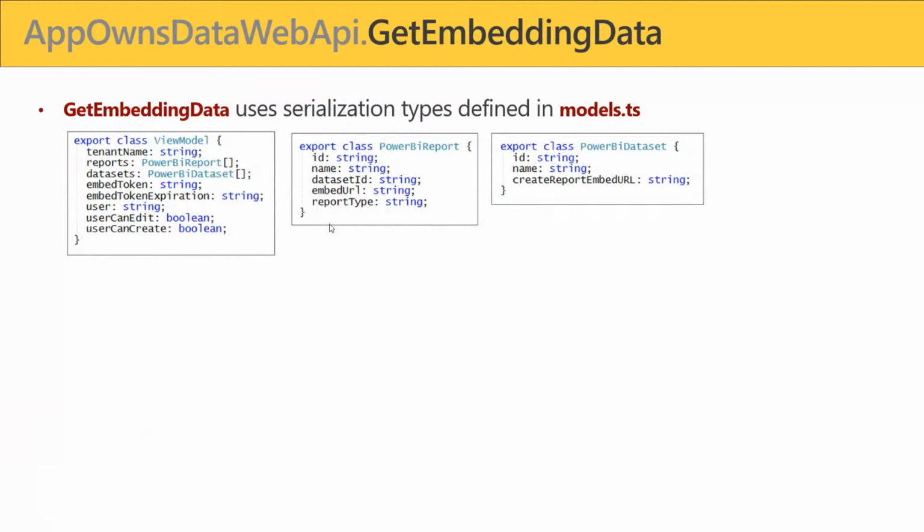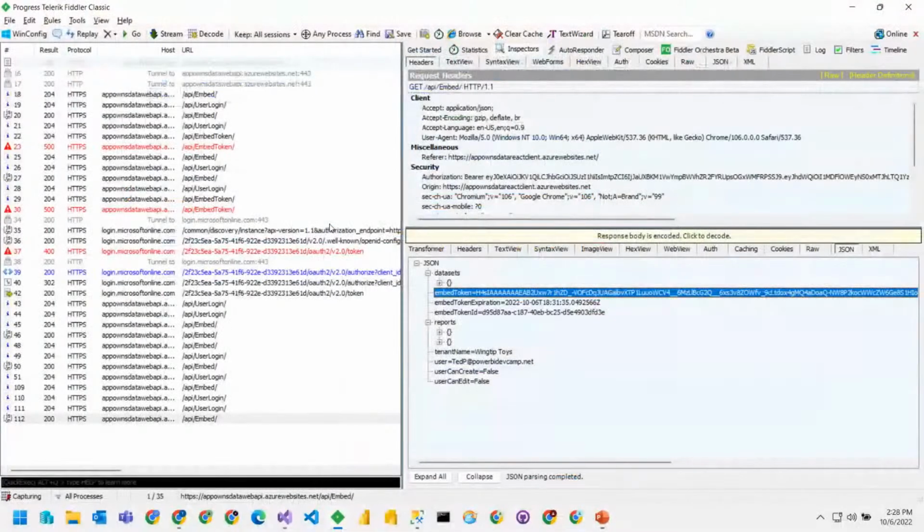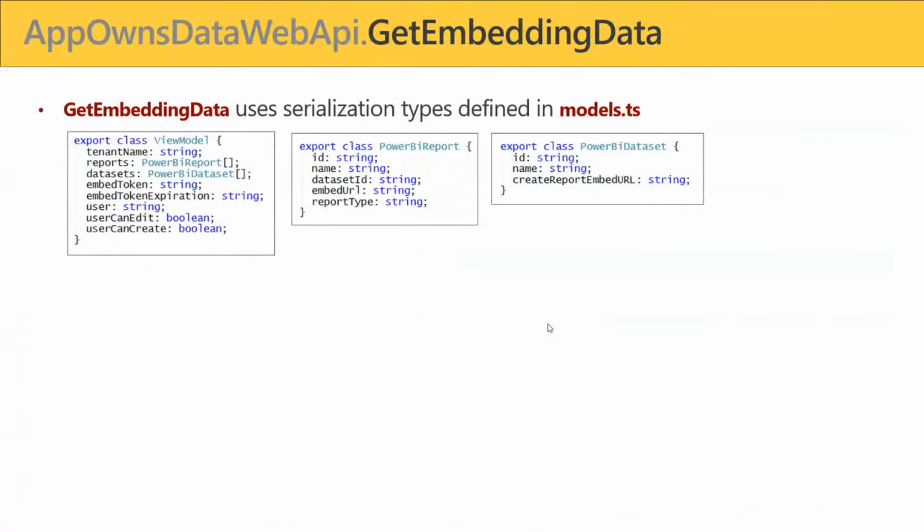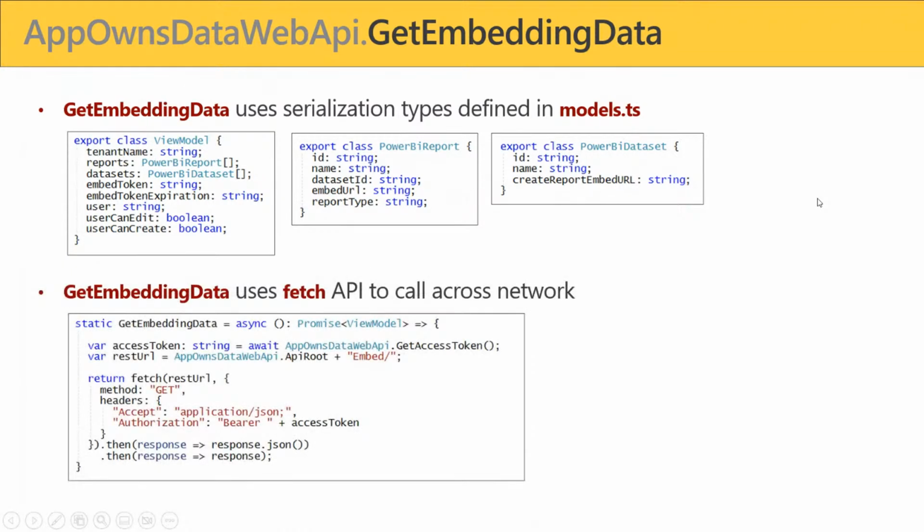Now, the next thing we want to do is call get embedding data. The first thing I do is look at the data as it comes back. If you look at the raw view inside here, we're going to create TypeScript types so that I can now create a method.